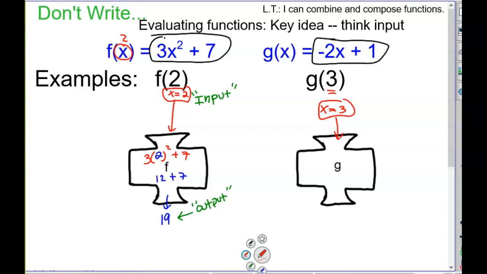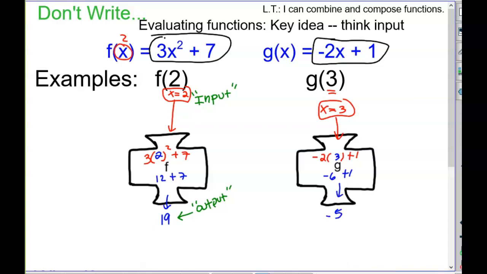Something happens, because it's g, so we do whatever g is programmed to do. And then something comes out, right? So we get negative 6 plus 1. My input is 3, my output is 5.